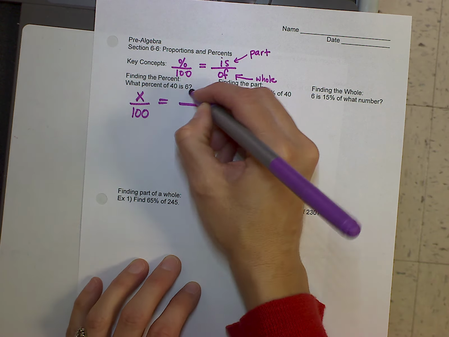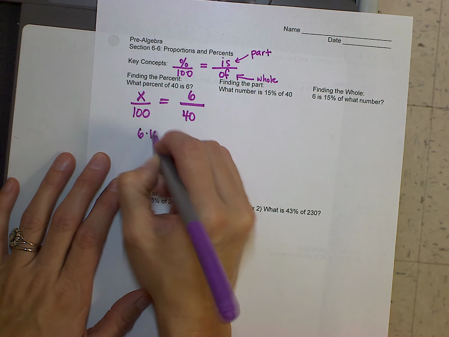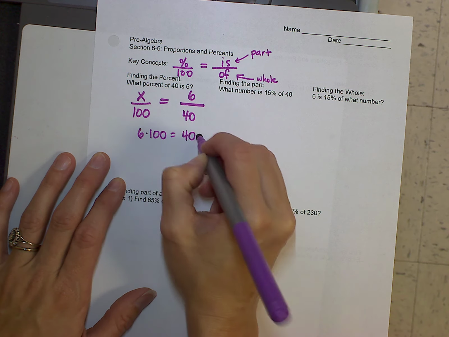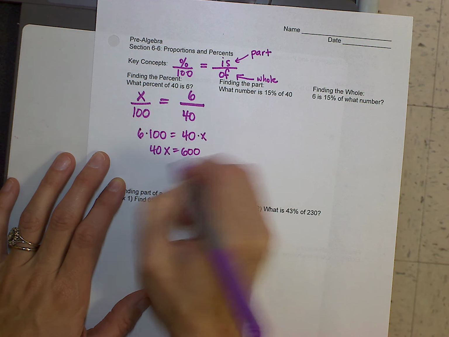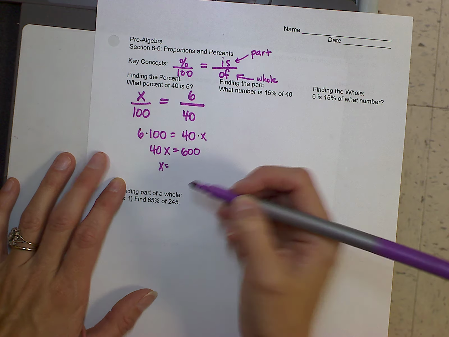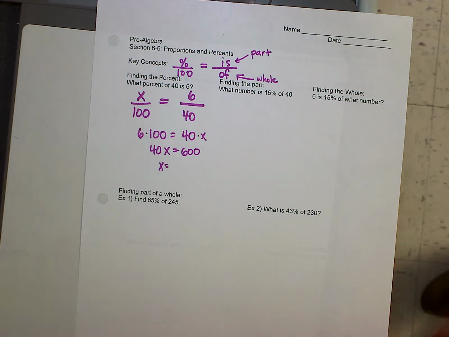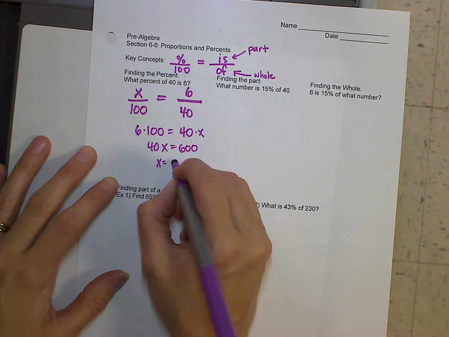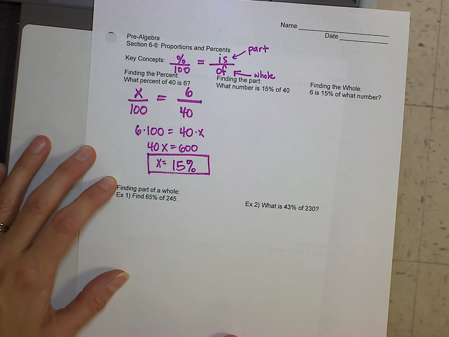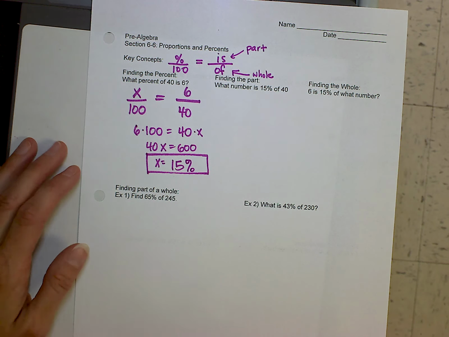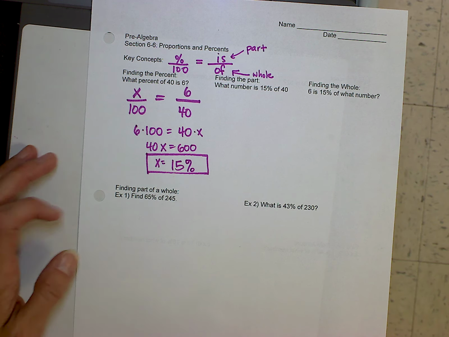And what is my of number? 40. I think X is 15. Yes. And since I was finding the percent, I'm going to put the percent on my answer. So I found the percent, 15%.